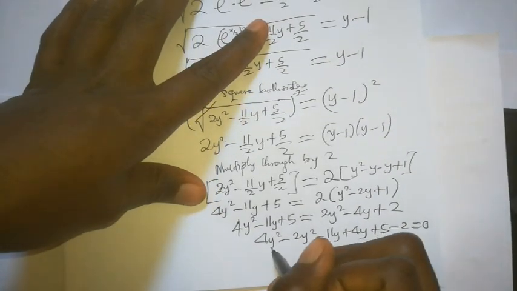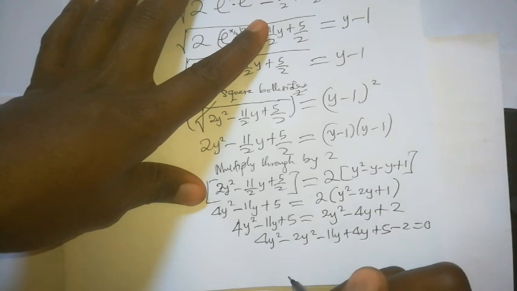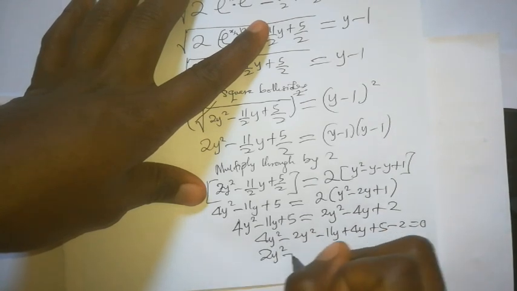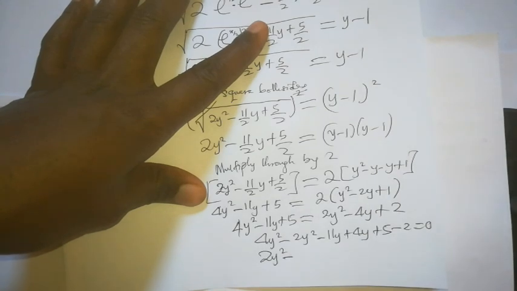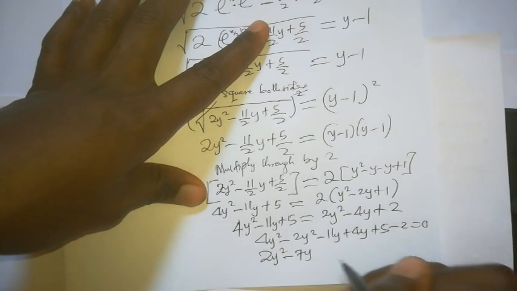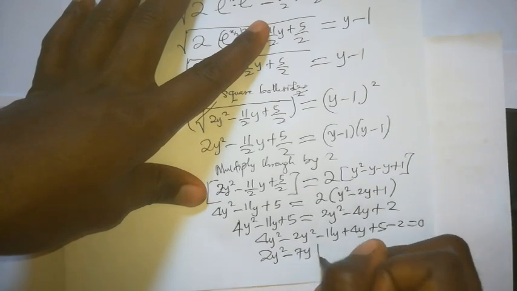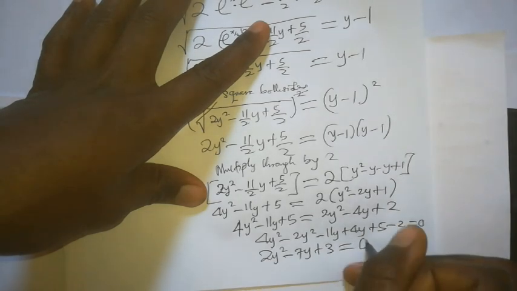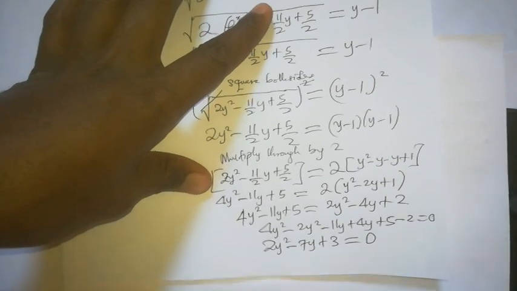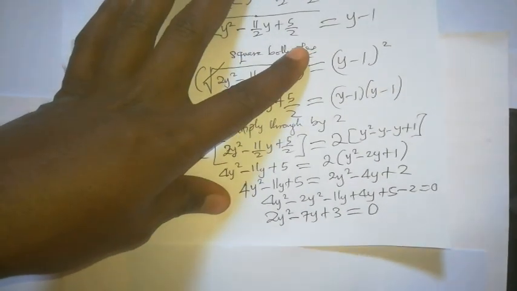So in that case, 4y square minus 2y square, we are going to have 2y square, minus 11 plus 4, we are going to have minus 7y, 5 minus 2 is plus 3, is equal to 0.